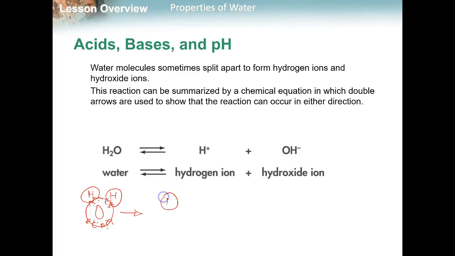And the hydrogen winds up losing an oxygen, and then the oxygen and the other hydrogen stay together, but they wind up keeping all of the electrons. So because this hydrogen loses the electron, it winds up becoming known as a hydrogen ion, and because this oxygen and hydrogen kind of keep that electron, they become known as a hydroxide ion with a negative charge.